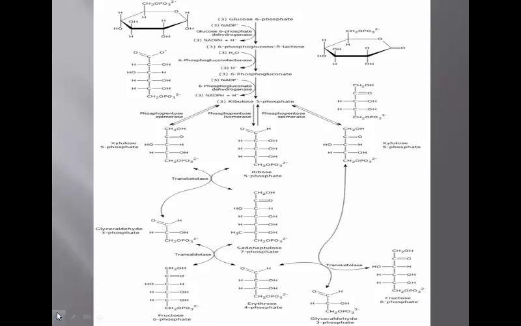Now see here, one molecule of xylose 5-phosphate and one molecule of ribose 5-phosphate enter the reaction, where the keto group from xylose 5-phosphate, because it is a keto sugar and ribose is an aldo sugar, is transferred to the ribose sugar, which is 5 carbon, and thus sedoheptulose 7-phosphate is formed.